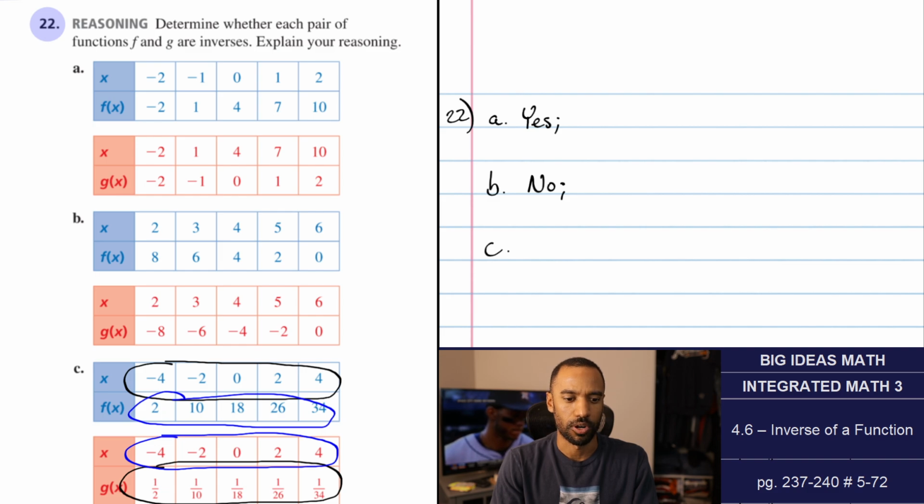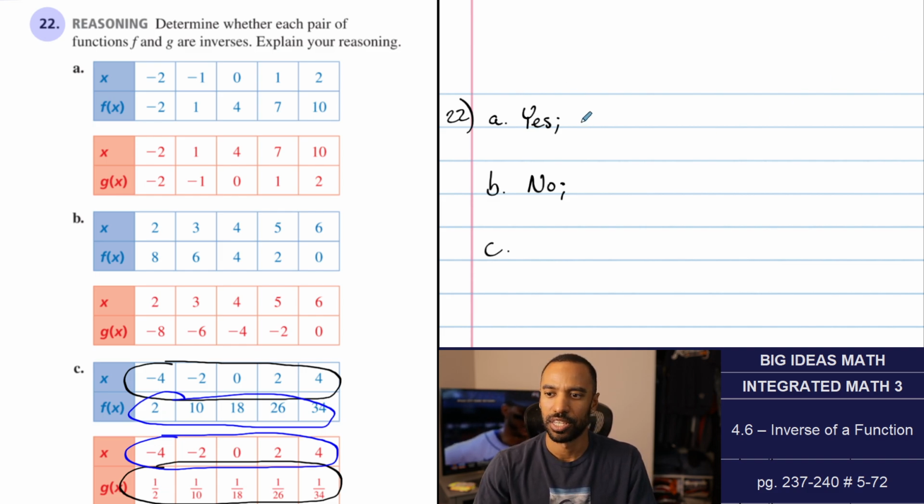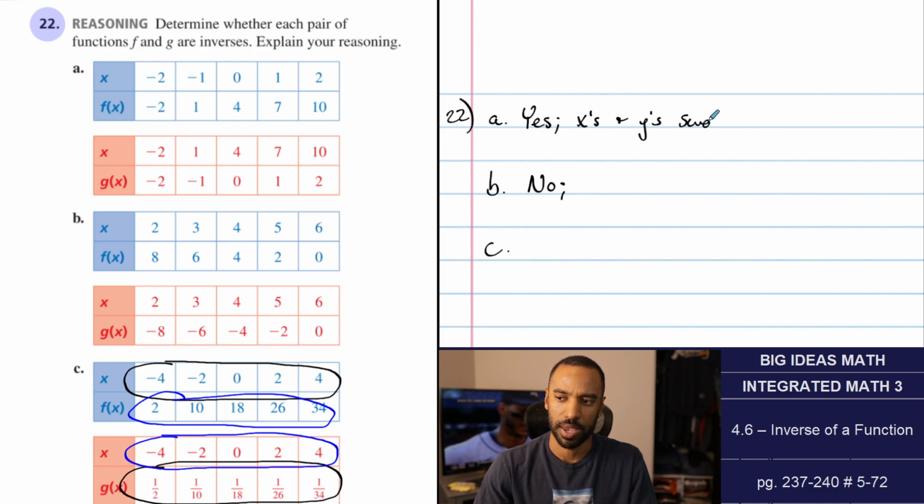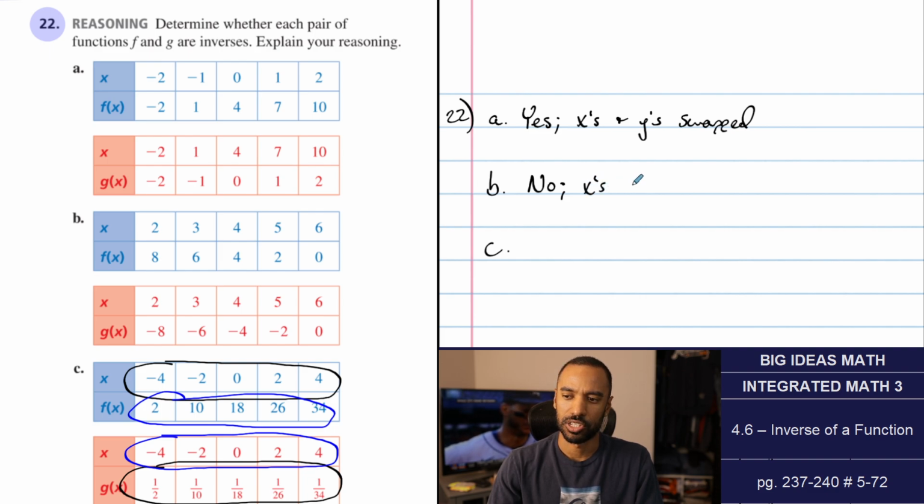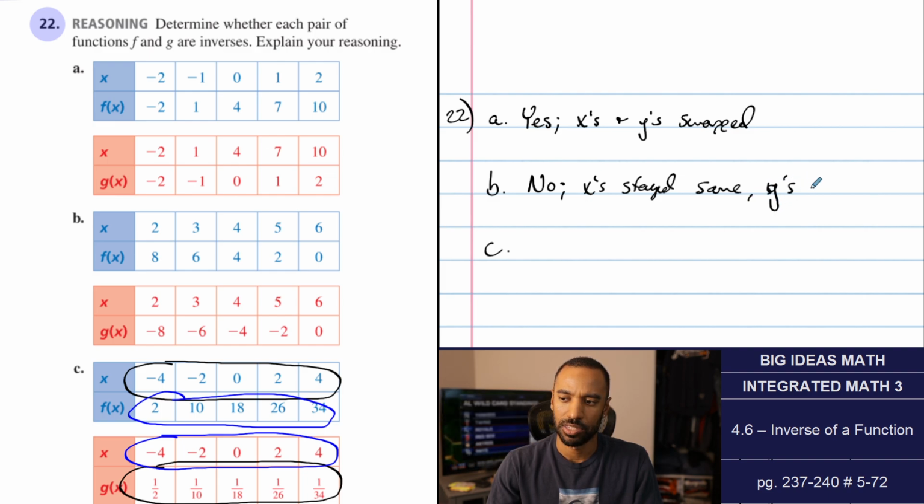This just takes up one whole page in and of itself. So yes, x's and y's swapped. That's what was expected. Part B, no. X's stayed the same. Y's changed signs. Not indicative of an inverse function.